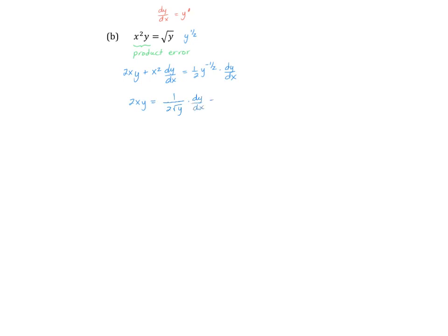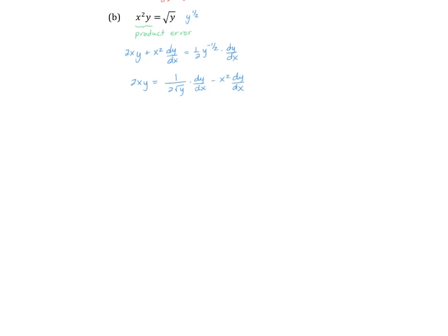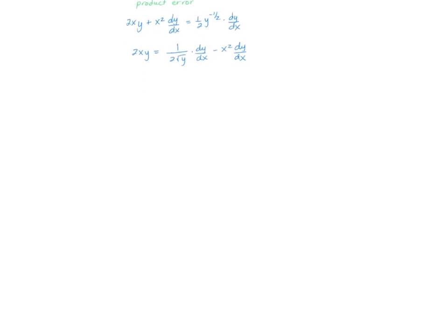And then I'm going to subtract the x squared dy dx from both sides. Now I have all my dy dx on one side. I'm going to factor out. So again, remember this idea of factoring out the common dy dx happens almost in every one of these problems, especially where you have to use the product rule. So we're going to have 1/2 times the square root of y minus x squared.